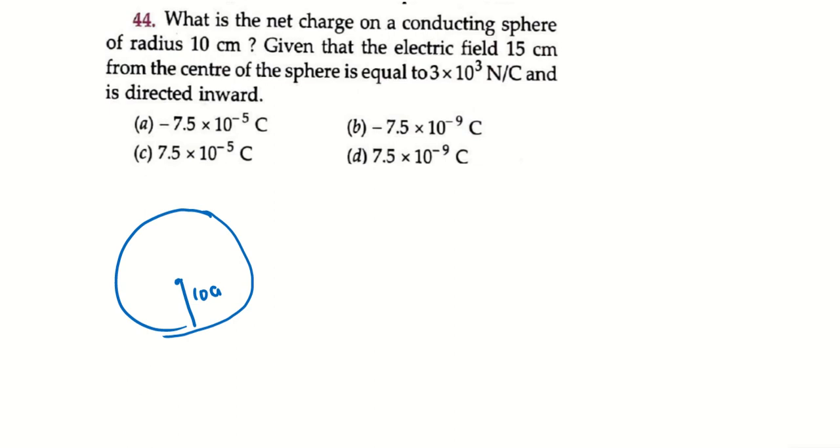It's a 10 centimeter sphere, and the electric field at some point P is equal to 3 into 10 power 3 Newton per Coulomb. Now we have to find out what is the net charge on it.